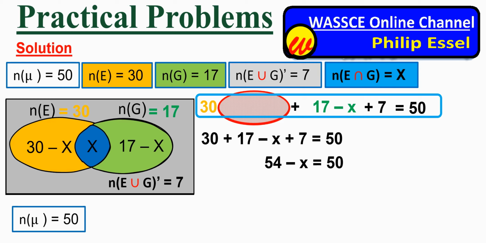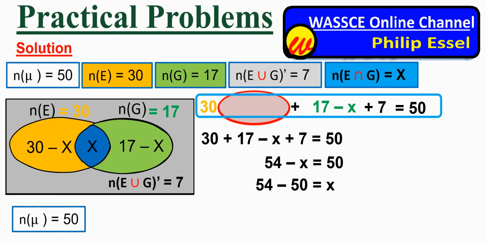At this point, we would group like terms. So the x would move to the right side of the equation, and the 50 would move to the left side of the equation. Remember, the x is negative, so when it moves to the right side of the equation, it will be positive. The 50 is positive, so when it moves to the left side of the equation, it will be negative. So when we do this, we will get 54 minus 50 equals x. 54 minus 50 is 4.